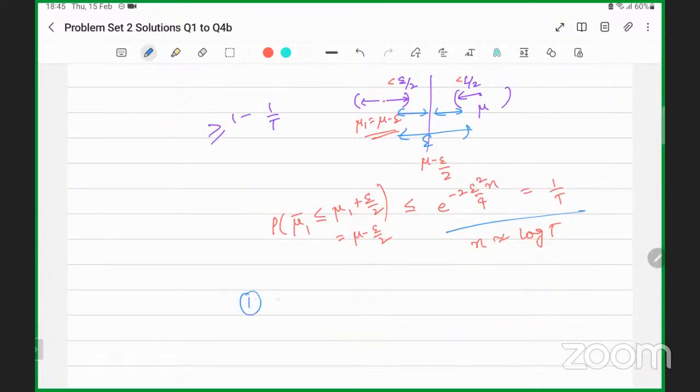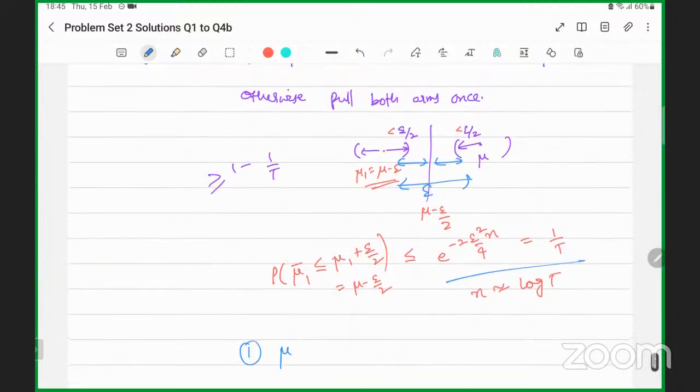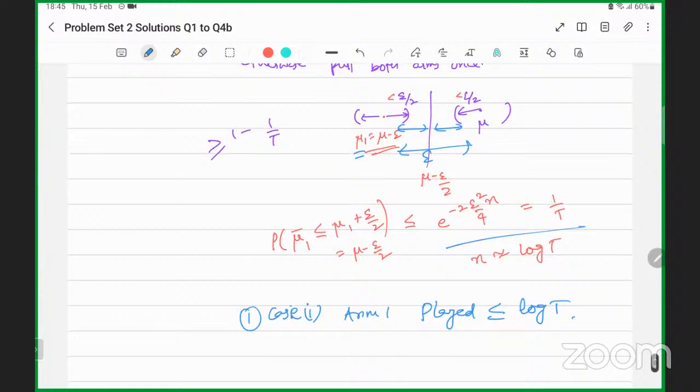So first case, let's call this case one: arm one played less than or equal to log t times in the whole experiment. If arm one is played less than log t times, what is our total regret?